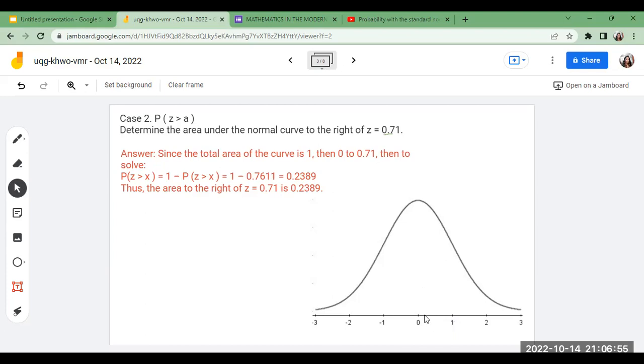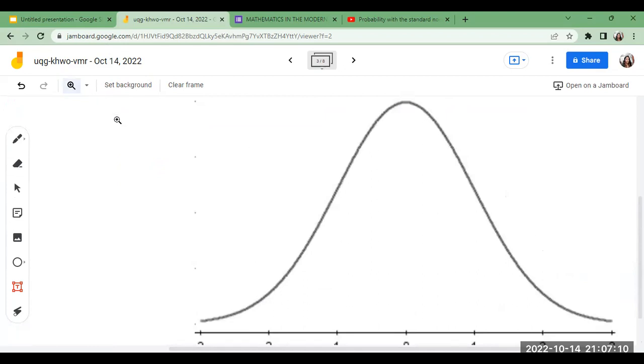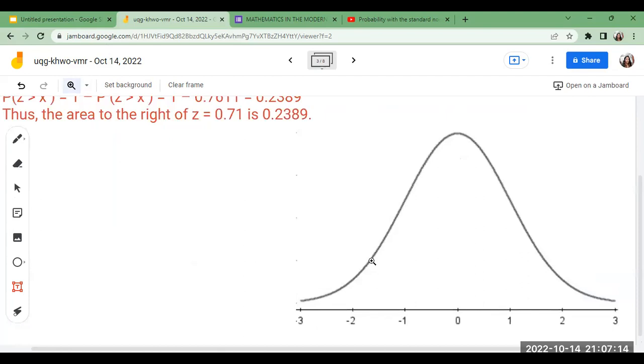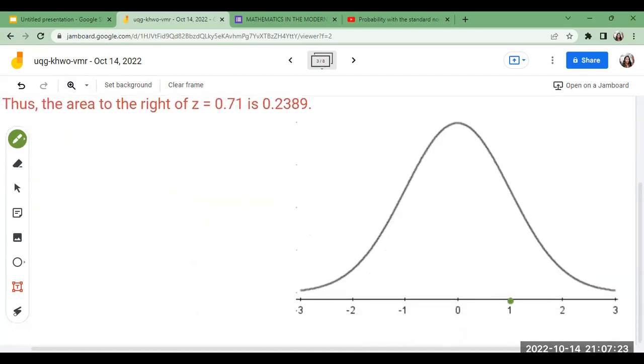It's close to 1, actually, since 1 and then 0.71.